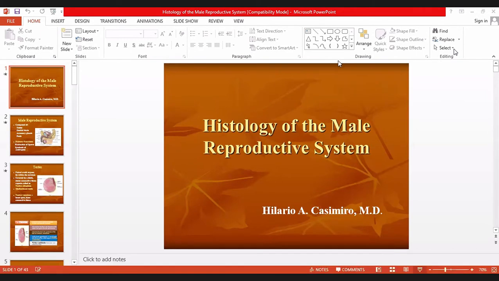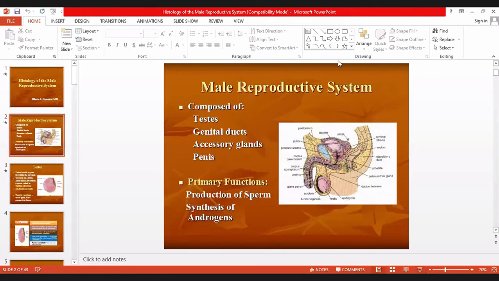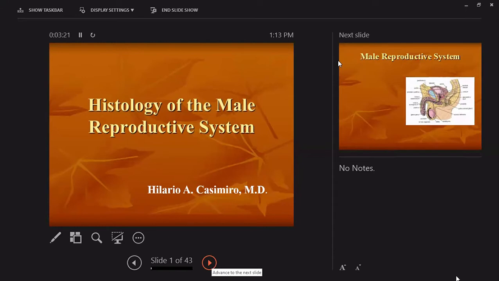Histology of the male reproductive system. Okay.